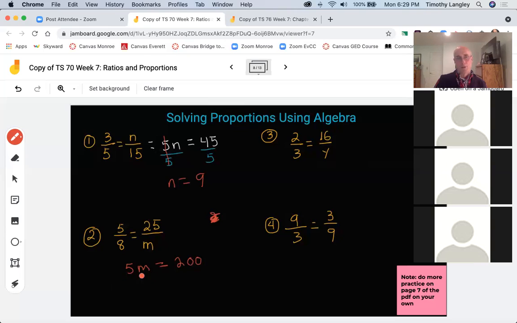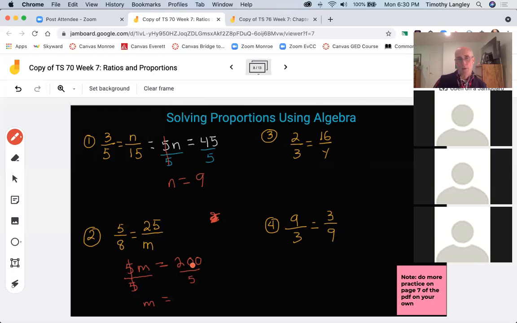Again, I'm looking at two things. The variable is multiplied by something, so I'm going to divide to get rid of the number that's next to that variable. So I've got to divide on this side as well. That cancels out my 5s, and I have now m equals. Now watch how I do this. I know that 5 goes into 100 20 times.